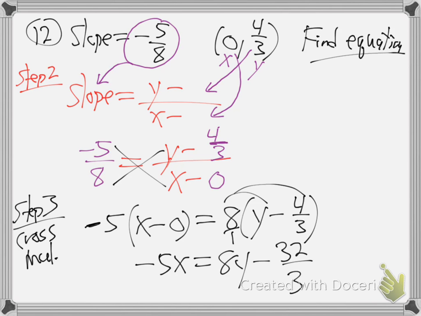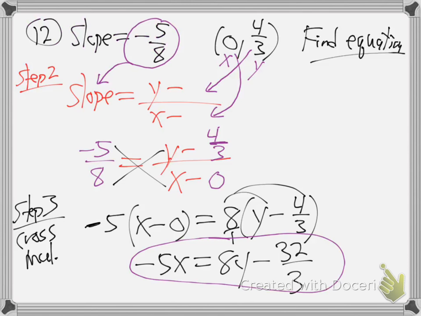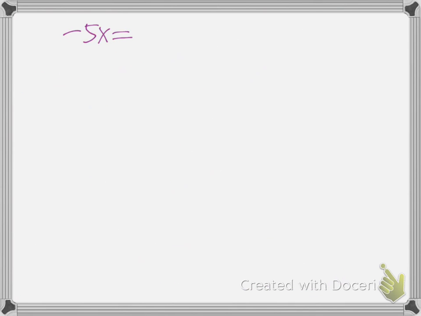Let's take it to a fresh screen here. This is what I currently have: minus 5x equals 8y minus 32 thirds. I'm supposed to get y alone. We multiply everything by 3.